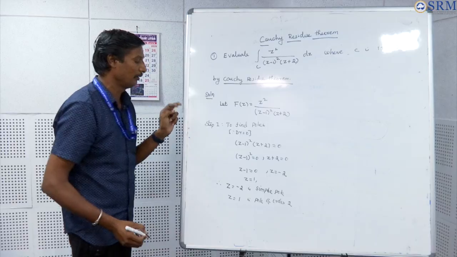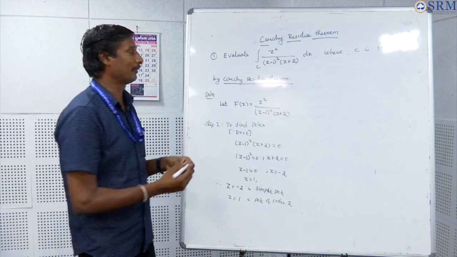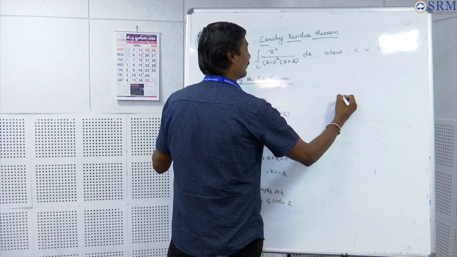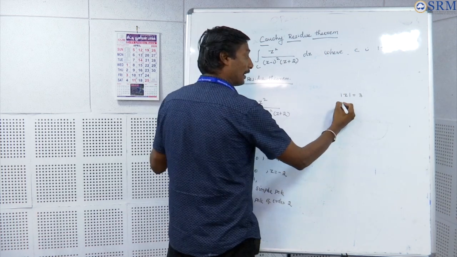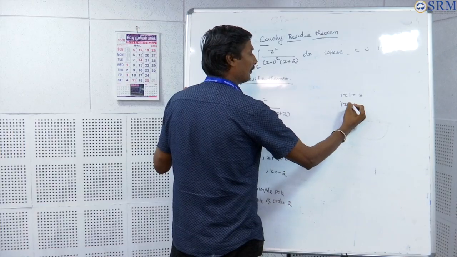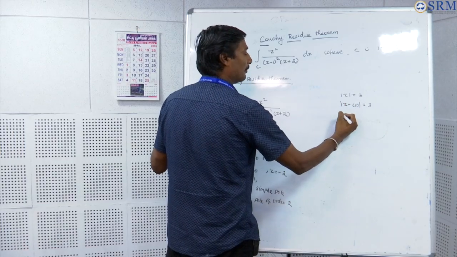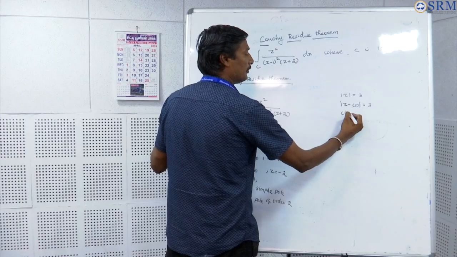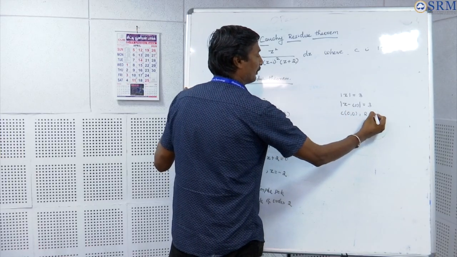Can you understand? For the next step, we go to the given condition. The condition is modulus of z equal to 3. This can be written as modulus of z minus 0 equal to 3. What is the meaning of this? Center point (0, 0) and radius 3.